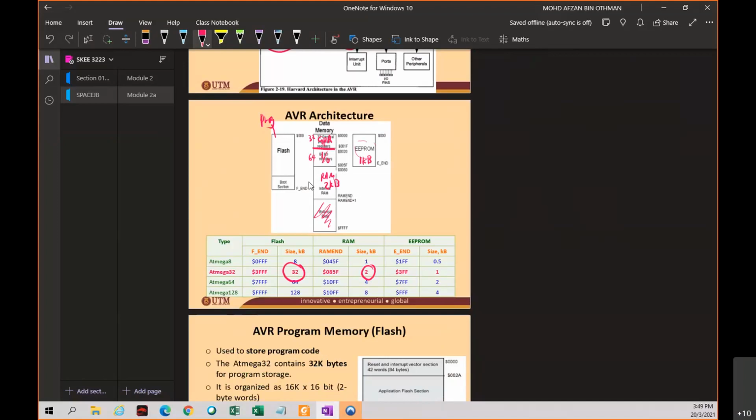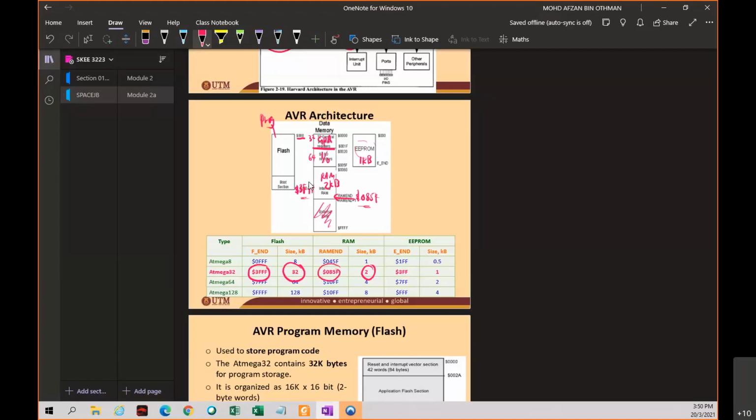Then here, you have the memory addresses. Every memory has memory addresses. For the flash program memory, it starts from 000 up to the end address, which is 3FFF for the Atmega32. For RAM, the data memory starts with 000 and our RAM end address is 085F. Later we will see how to do the calculation to get this end address.